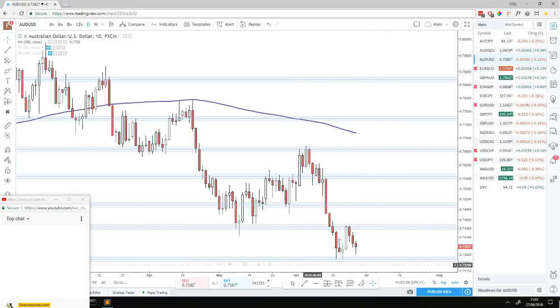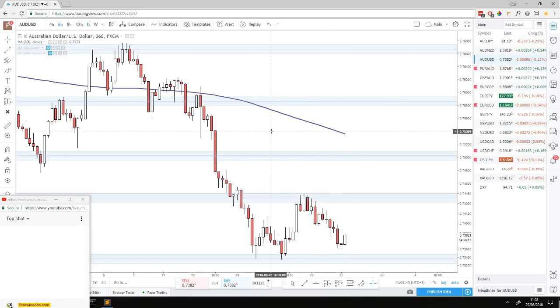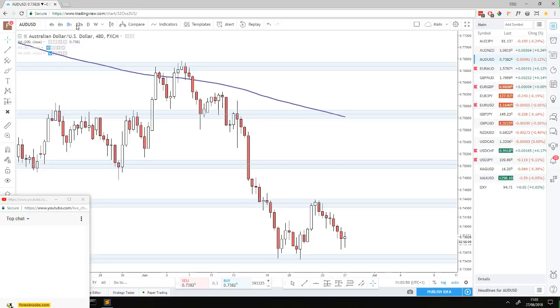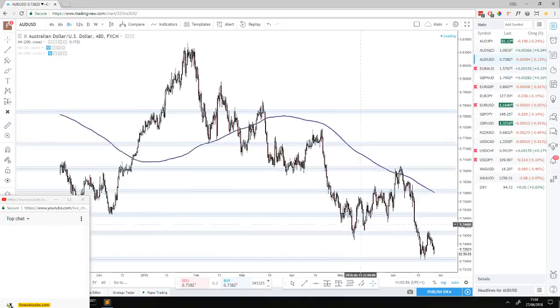AUDUSD. I saw a few of you took a short from here, a short continuation trade. Yeah, it worked out well for you guys. It was a bit messy, so I skipped it. I think we talked about it yesterday.